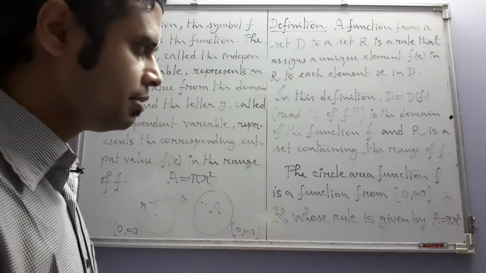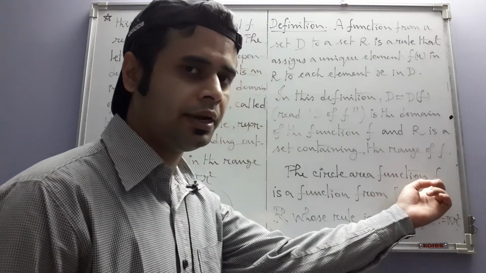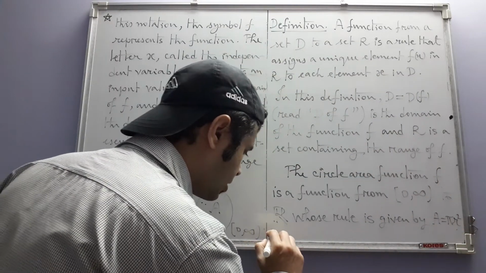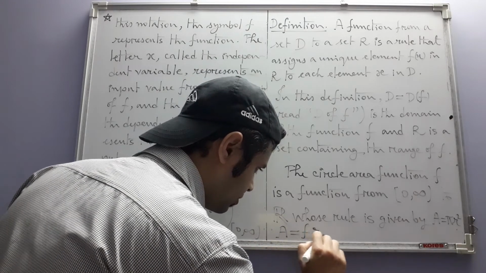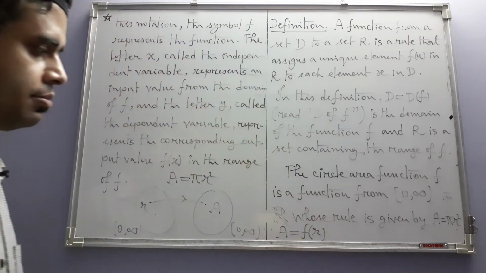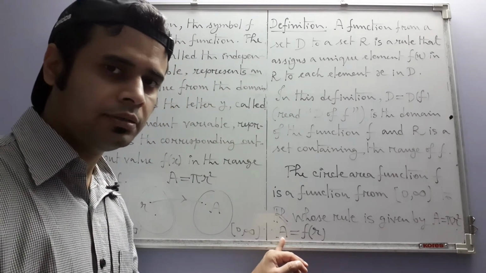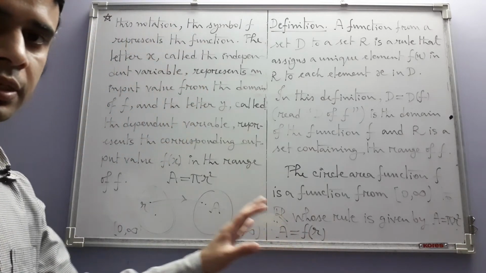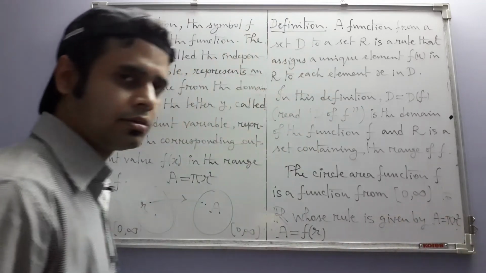If we want, we have in fact given the function a name, f. So this A is equal to pi r square is actually A equal to f of r, where A has taken the role of y, the dependent variable, and r has taken the role of x, the independent variable, and f(r) is pi r square.